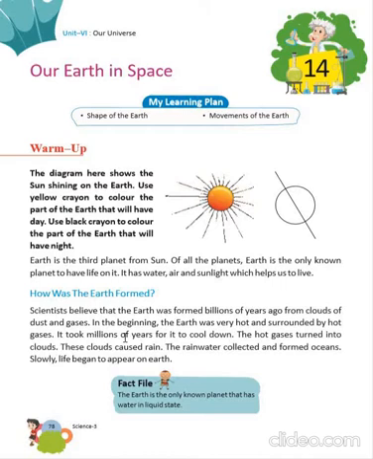How did it cool down? The hot gases turned into clouds and these clouds caused rain. This rainwater collected and formed oceans. Slowly life began to appear on Earth.